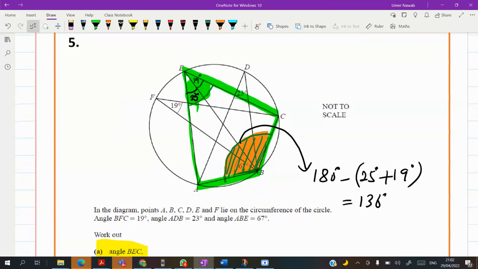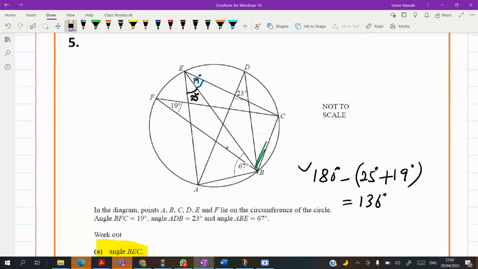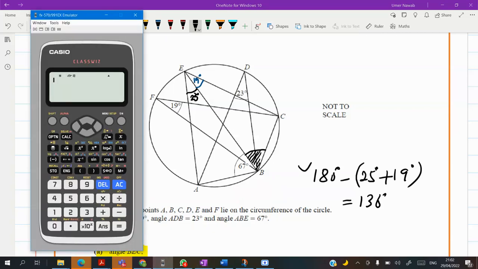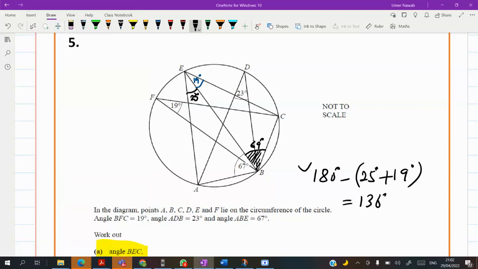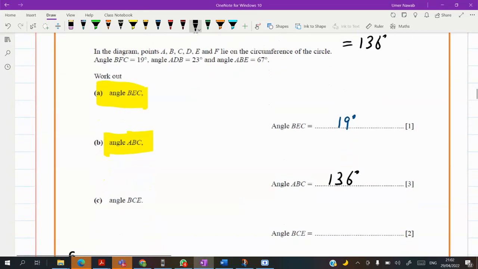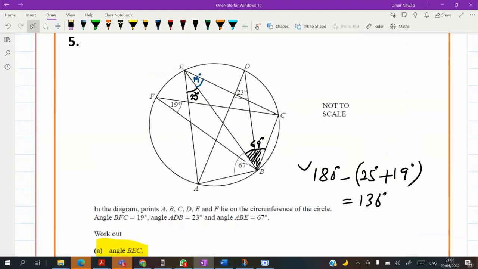Now, after finding 136, let me erase. So the total angle was 136. Can I find this angle as well? So 136 minus 67, 69. So this angle is 69. Anyways, next, I want to find BCE. Where is BCE?